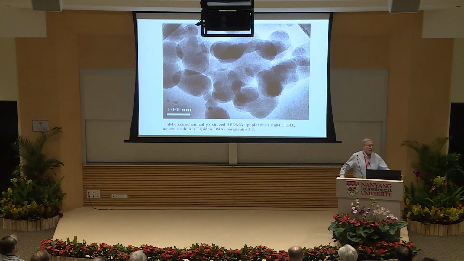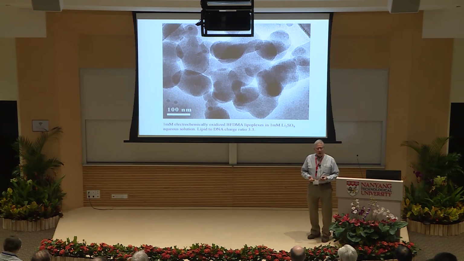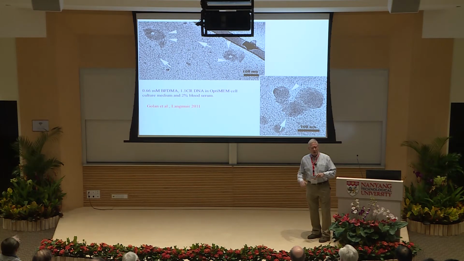Now, the other thing that is very well known in the transfection community is that you get excellent transfection in the Petri dish, and then you get lousy transfection in the animal model. The reason for this, apparently, is that when you add blood serum to your specimen, you see very well that the nice lamellar structure, those nice complexes that we had, have now disintegrated.